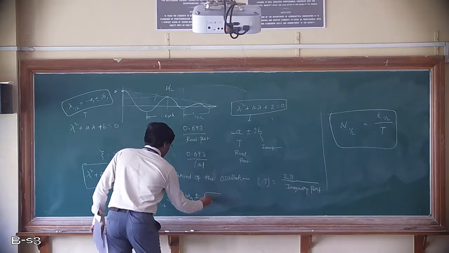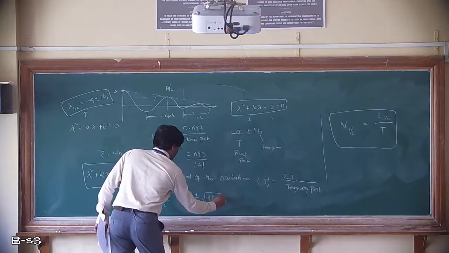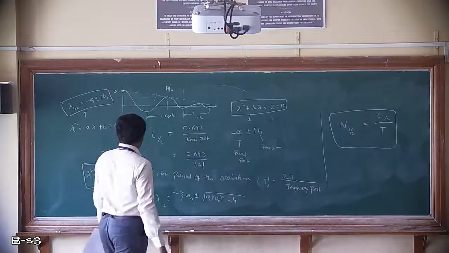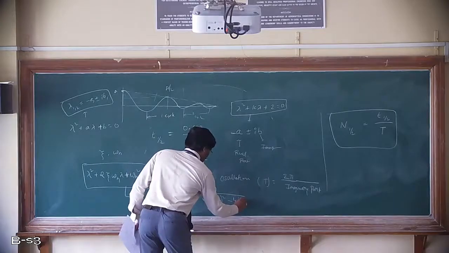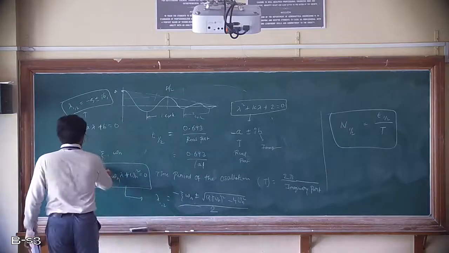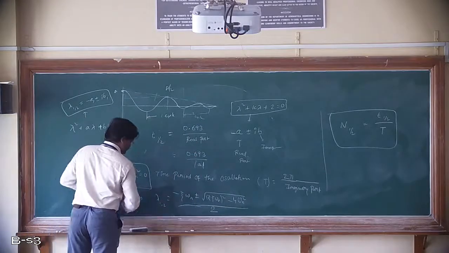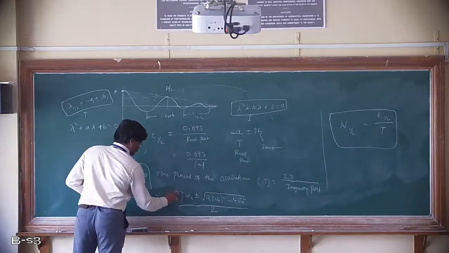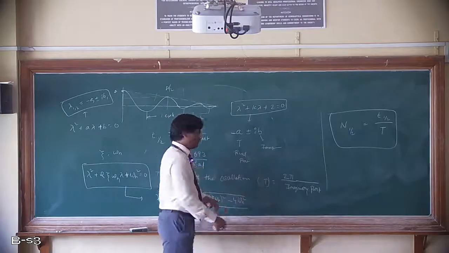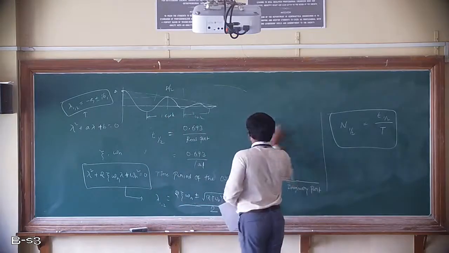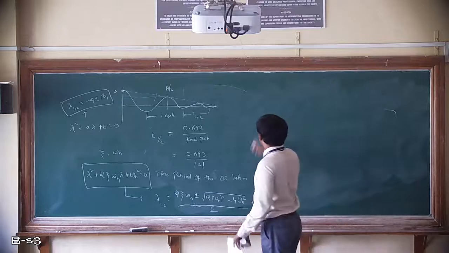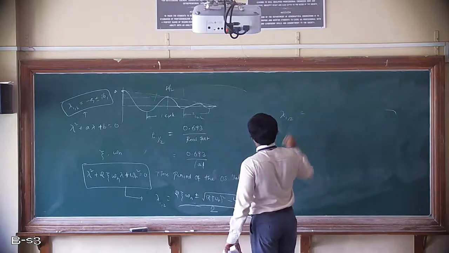What will you get? Minus zeta omega n plus or minus, b square, so 4 by 2, zeta omega n whole square minus 4 omega n square, right, by 2. Just don't forget, here 2 is there, 2 zeta. Right? Just note these formulas. I will erase this part.